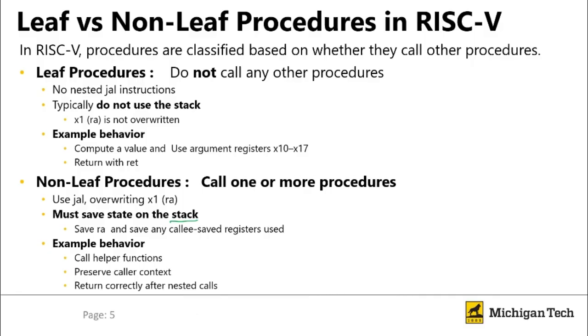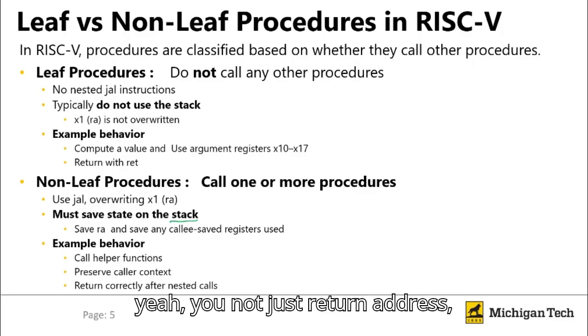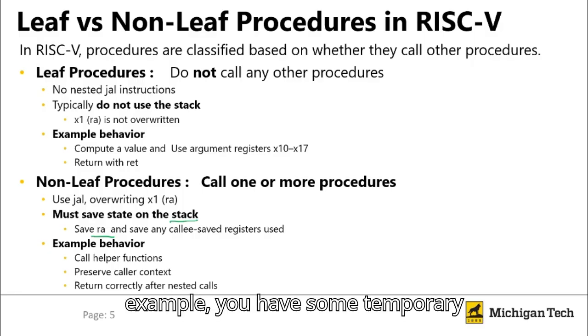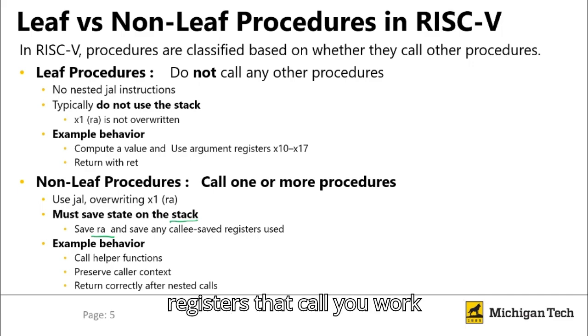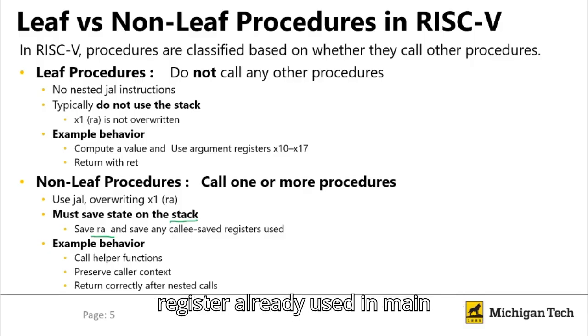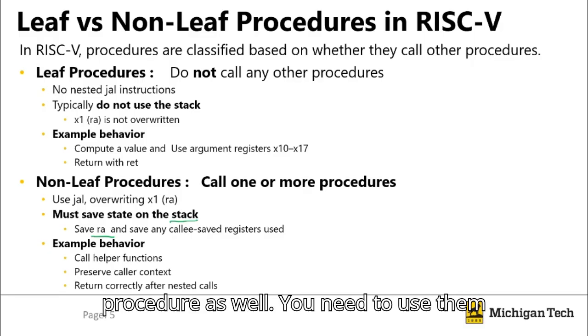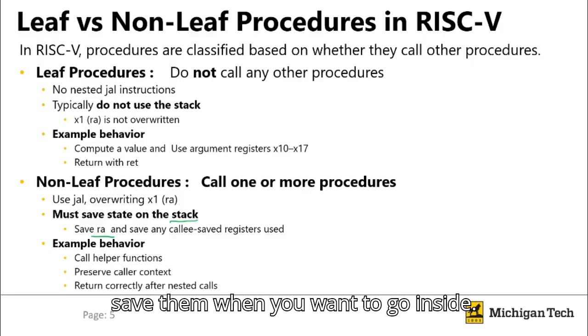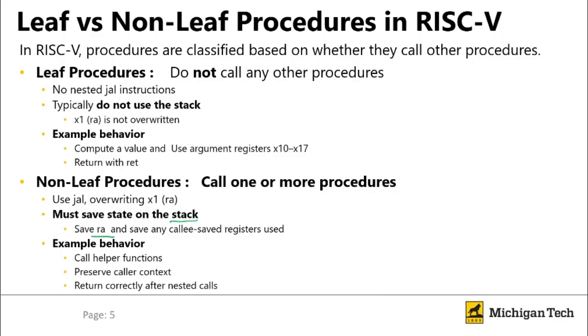And also, if you have a return, not just the return address, you also sometimes need to save other information as well. For example, you have some temporary registers that the callee works with. Maybe these temporary registers are already used in the main procedure as well. You need to use them and return them back. So that's why you save them when you want to go inside.